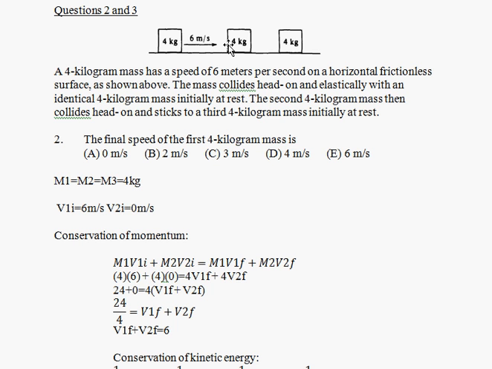So it's a paradox, it can't be. So therefore v1 final is 0 and v2 final is 6 meters per second. Therefore the final speed of the first 4 kilogram mass is 0 meters per second. So that's it. I know that's something complicated, but it's an interesting problem.